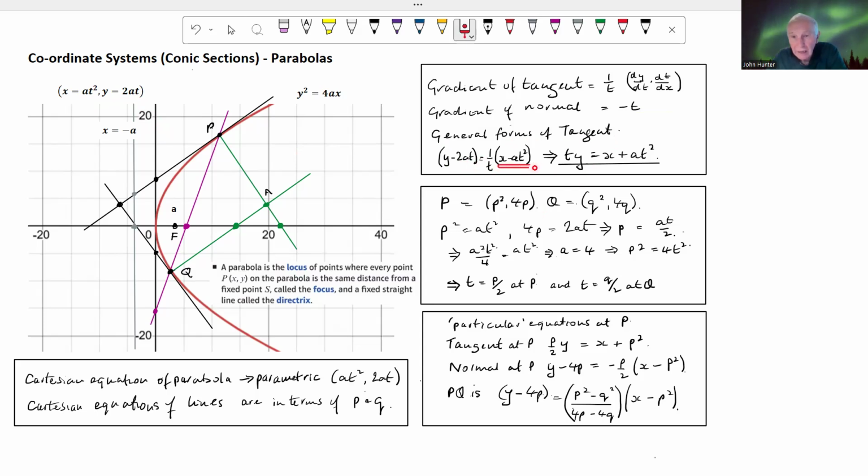And if we work that through, that's going to give us ty equals x plus at squared, which is the general form of the equation of the tangent at t.